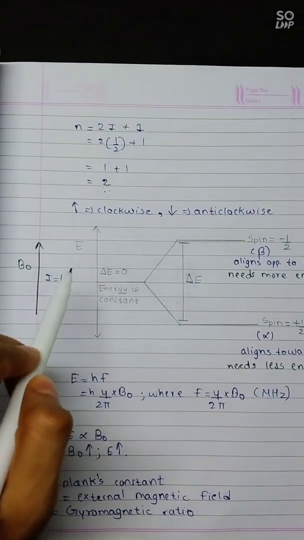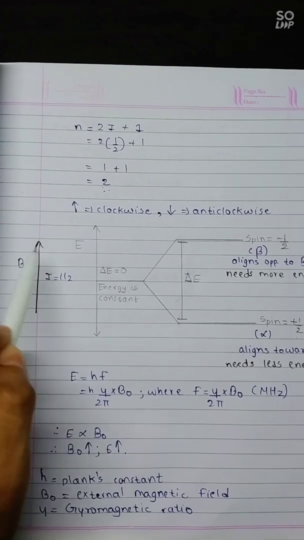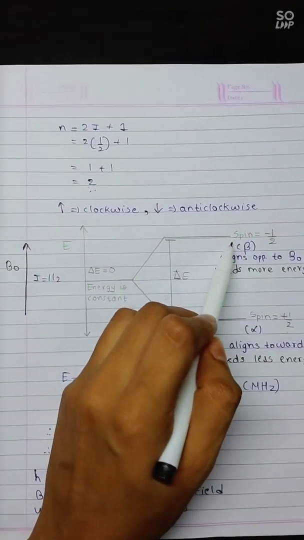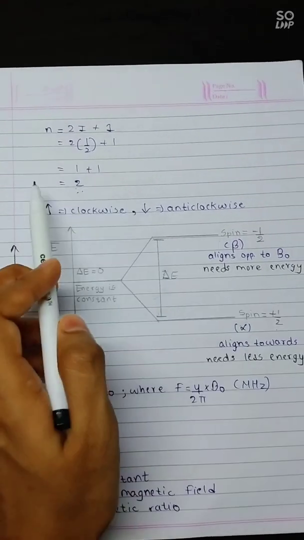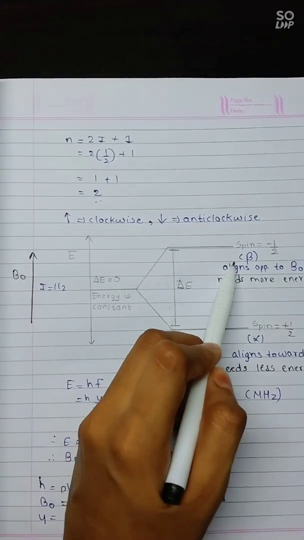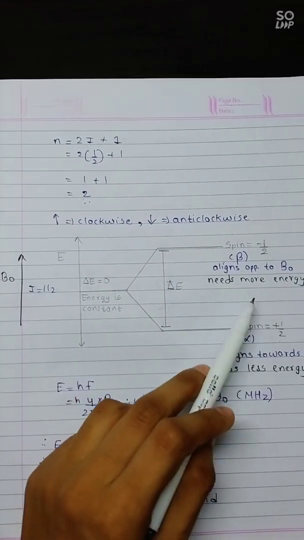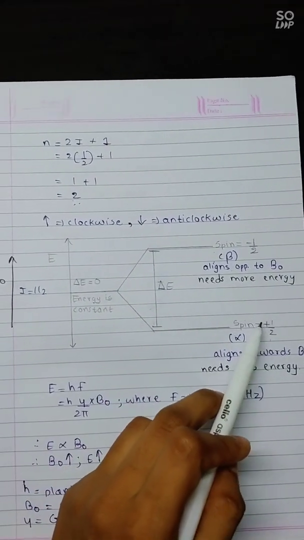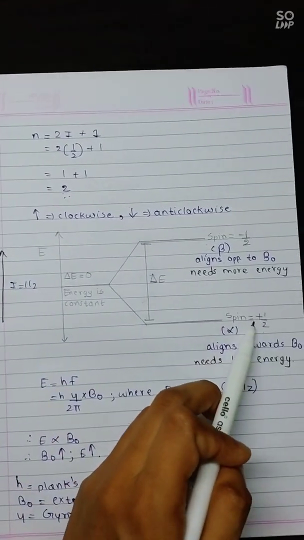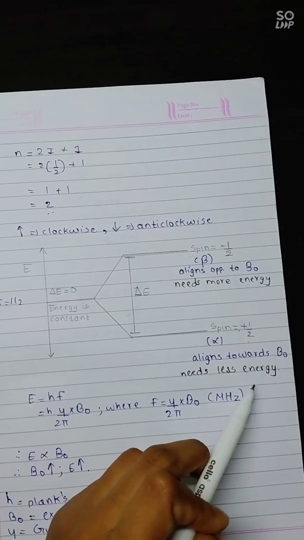See, when you are applying external magnetic field, at that time this will have two possible orientations as per our equation. So one will be aligned opposite to the magnetic field and the other one will be aligned with the magnetic field. If it is aligned with the magnetic field, it will require less energy.